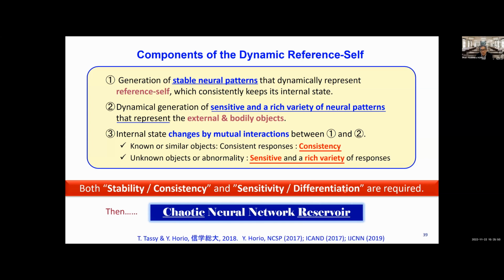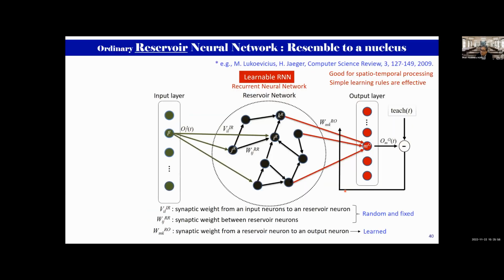For that, we propose the chaotic neural network reservoir. Before going into it, let's review the ordinary reservoir neural network framework. This is the basic construction of the reservoir neural network.